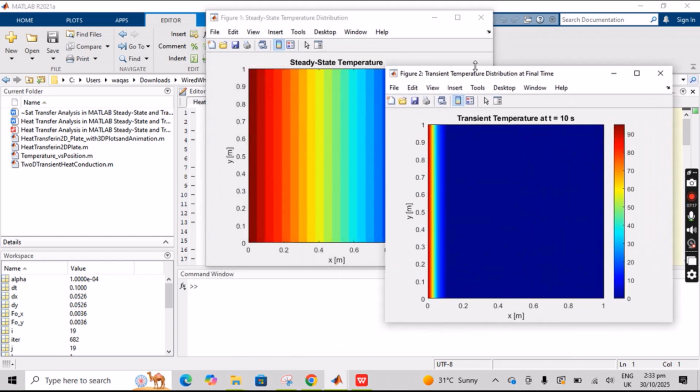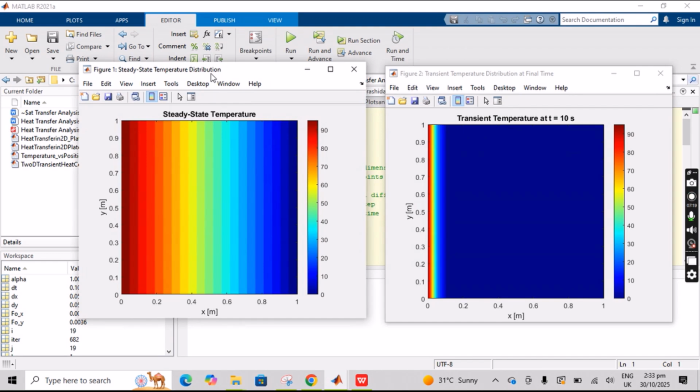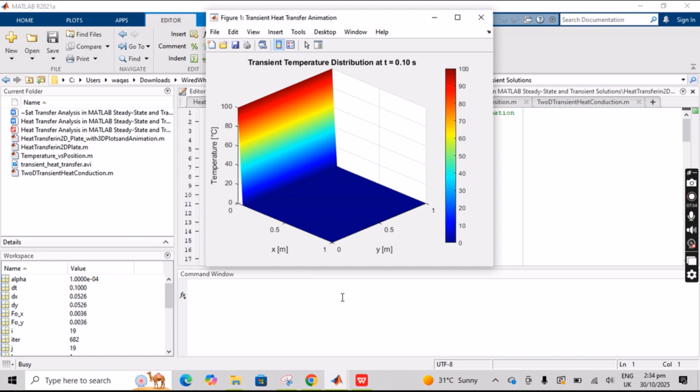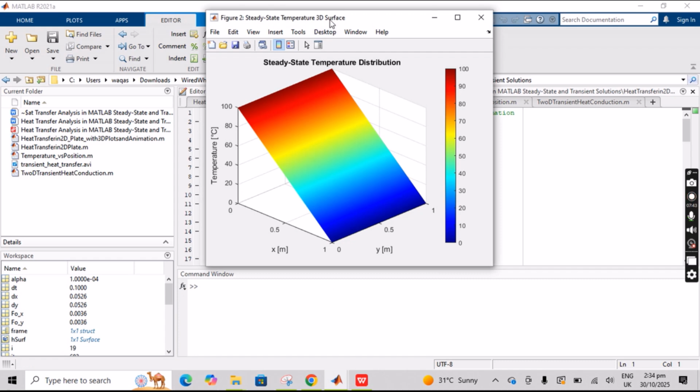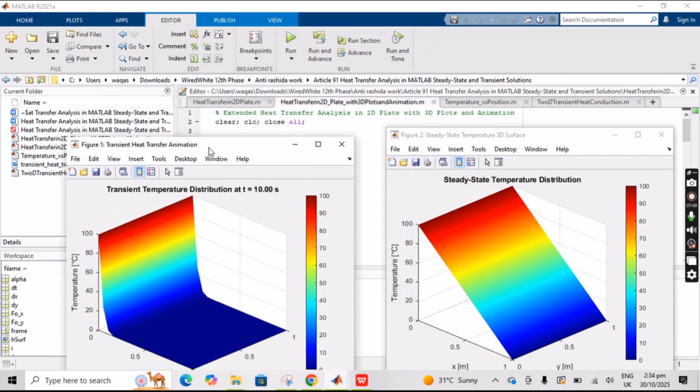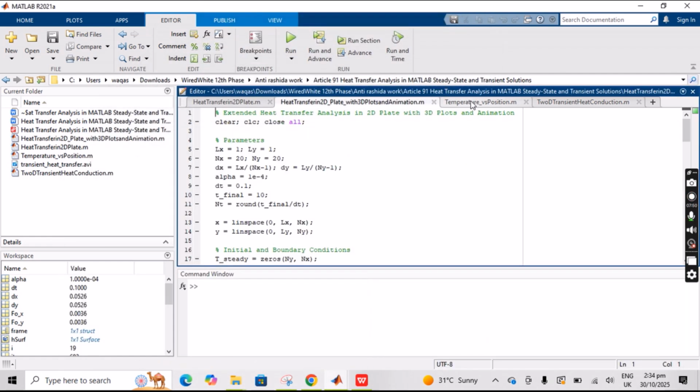These are the transient temperatures with different time scales and the steady state temperature. And this is basically heat transfer with 2D and 3D plates with animation, showing how the heat transfer moves at different temperatures, the steady state temperature distribution, and the transient temperature distribution according to different time scales.